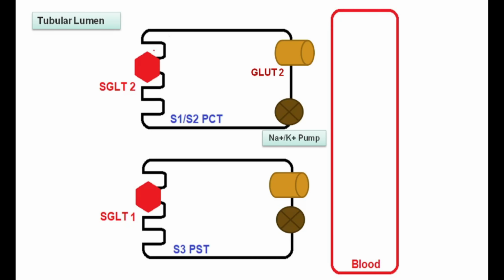Now if we look at the mechanism of action, this is the tubular lumen. These are the S1 and S2 segments of the proximal convoluted tubule, and this is the S3 segment, the proximal straight tubule.